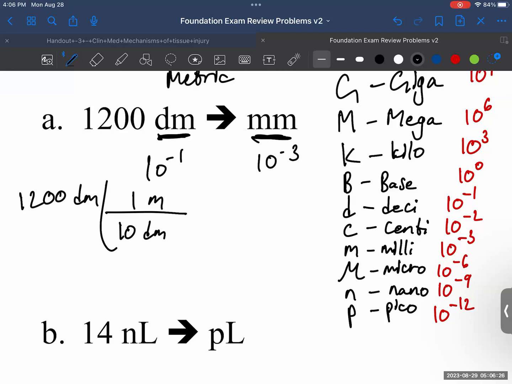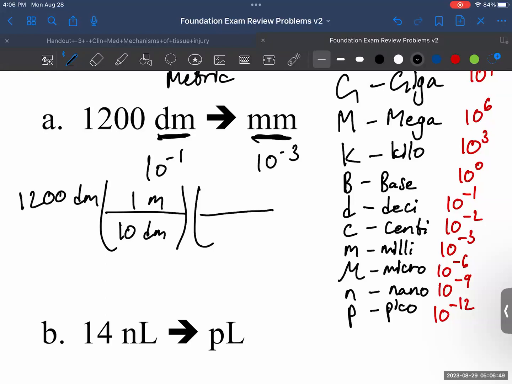You could also do this in scientific notation if you wanted to, but you're gonna have to switch some stuff around. For instance, you could say 1 decimeter is 0.1 meters. That's also acceptable. Now, how many millimeters are in a meter?